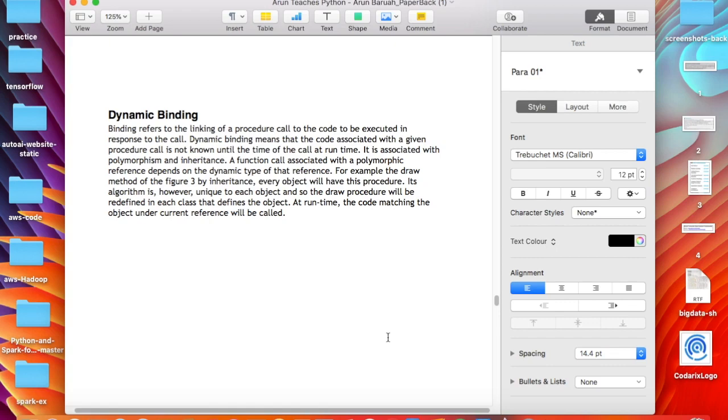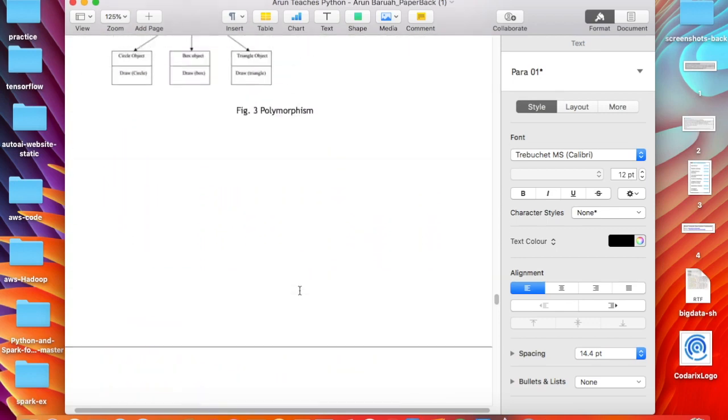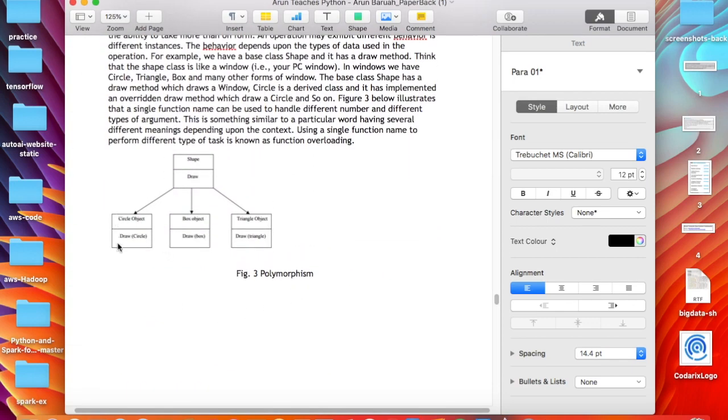A function associated with a polymorphic reference depends on the dynamic type of that reference. For example, we have seen this class.